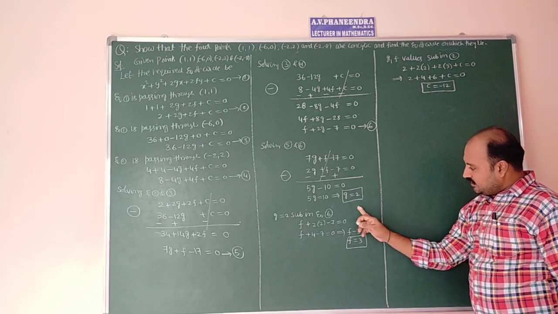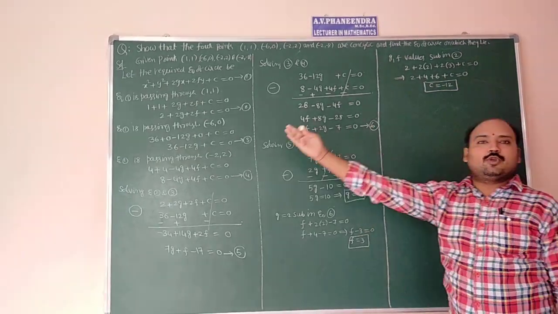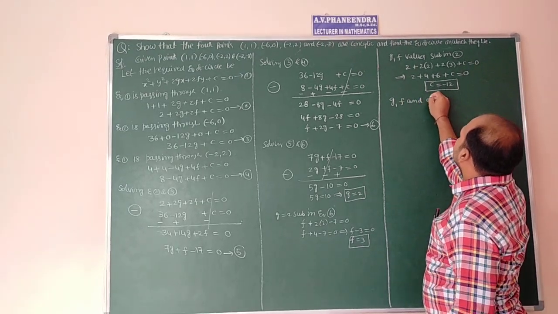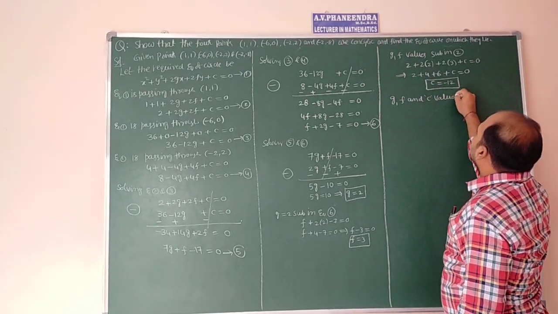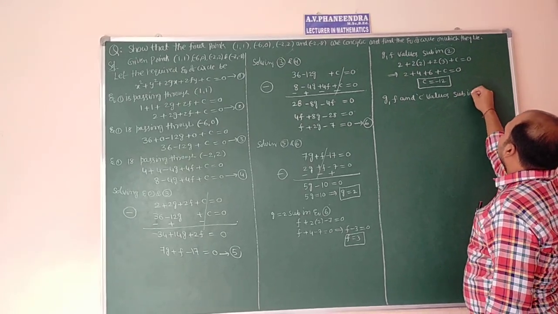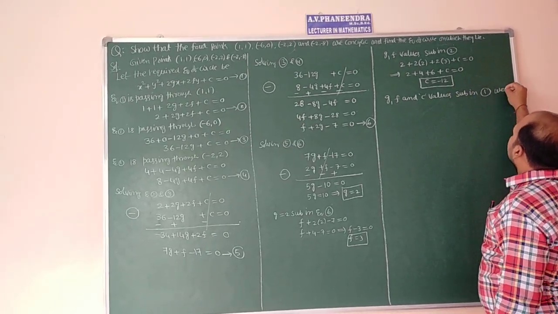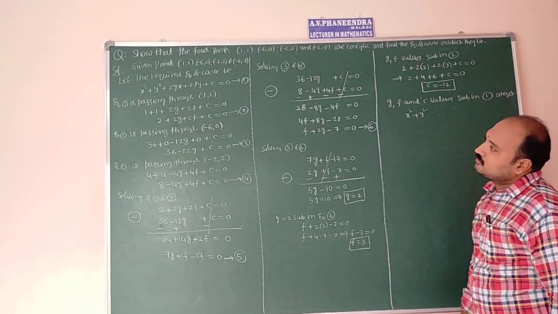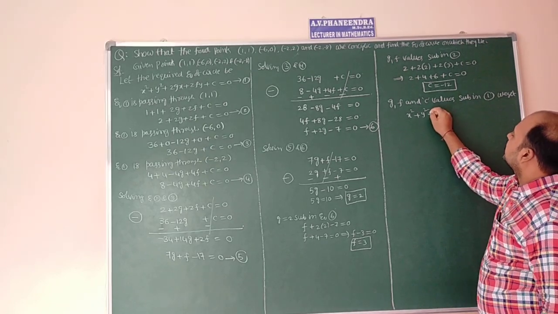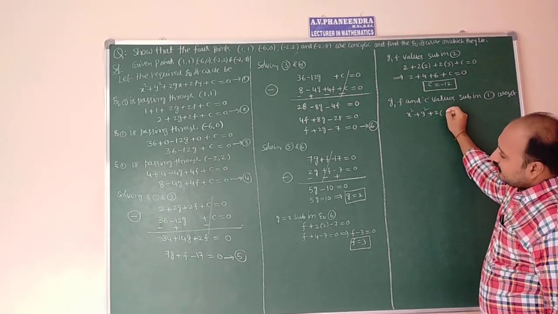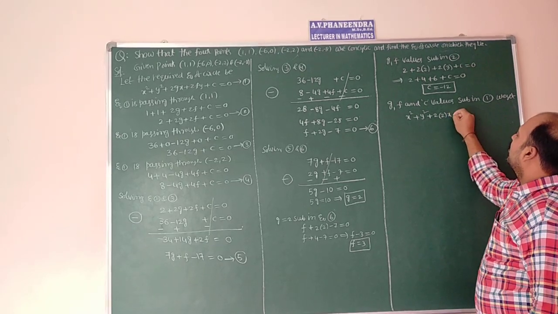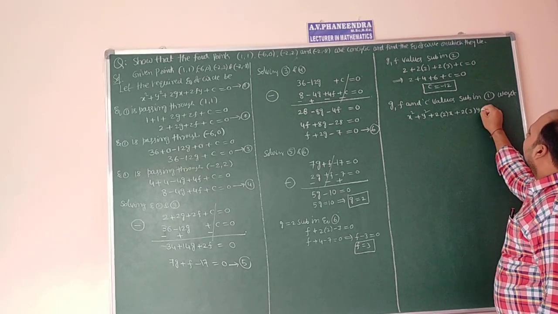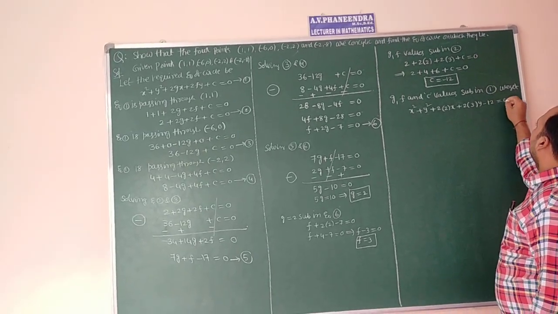Now g, f and c values substitute in equation 1. We get x square plus y square plus 2 into g value, that is 2 into x, plus 2 into 3y, c value is minus 12, equal to 0.